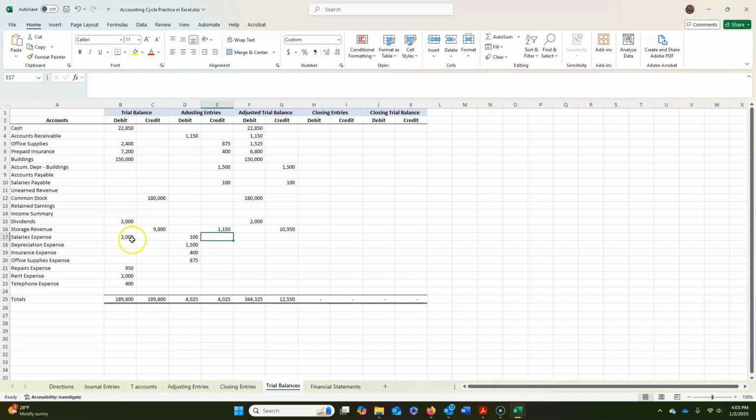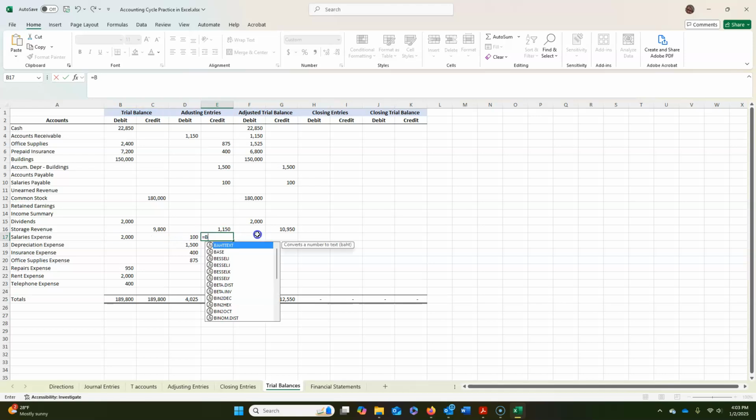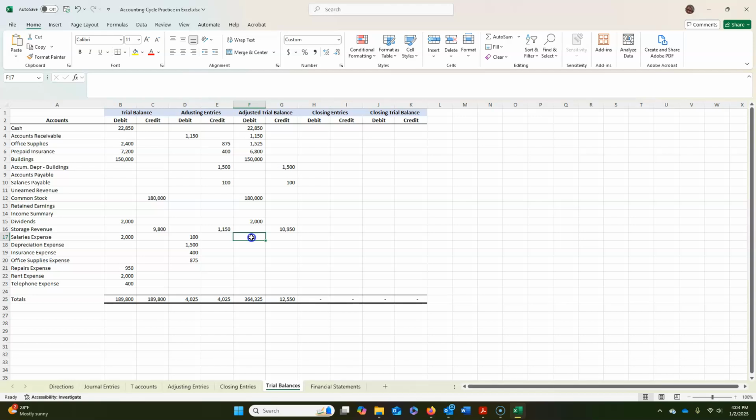Then here we have, this will be the debit. Oh, I'm in the wrong column. Here. This original debit plus any new debits, and then we want to minus any credits if they were there, and all of the expenses are going to be treated like that.